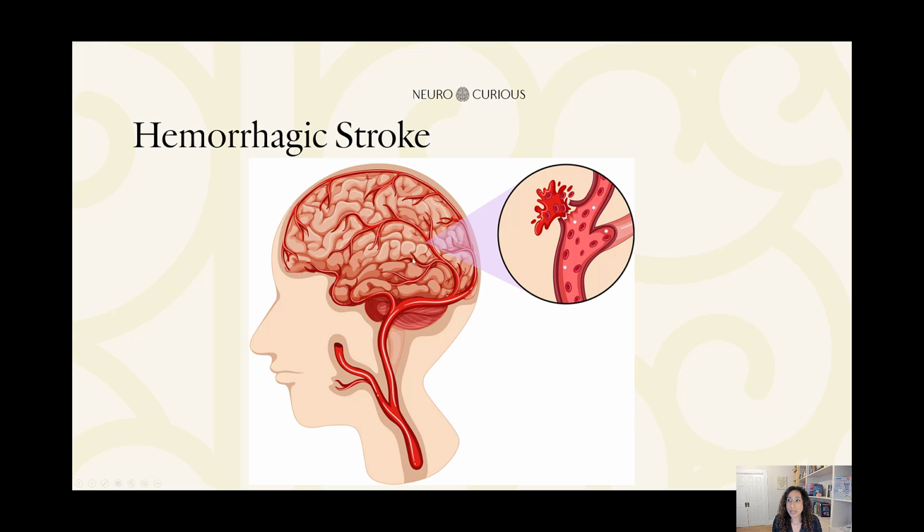The surrounding area of the burst artery is directly affected by the blood that gets extravasated, and also it suffers ischemia, like in an ischemic stroke, because that pathway has been disrupted, and so downstream areas of the brain don't get the blood flow that they need. So now you have learned about the two types of strokes, ischemic and hemorrhagic.